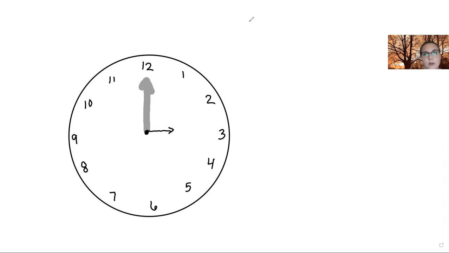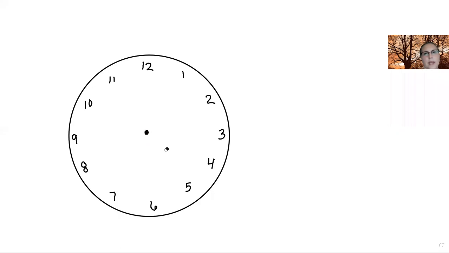And some of those clocks also have another hand which will tell us the seconds. It's in between both of those. It's a super thin one. These three hands each tell us something different. We are going to focus specifically on the big hand and the little hand.